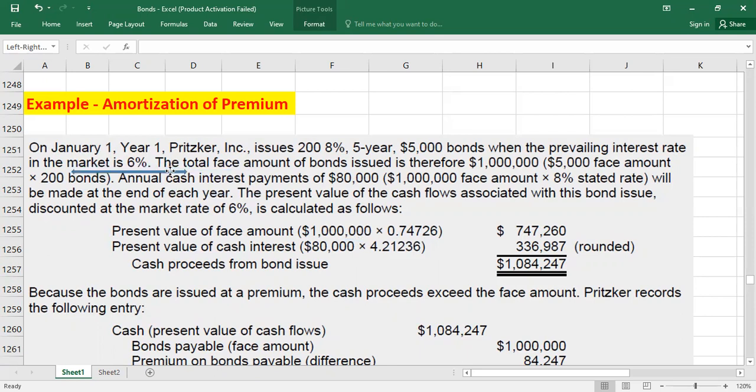Because I'm assuming you have an idea about the time value of money, you will go to the present value of dollar one table, look at the 6% column, and check for 5 years. This value you will find there, 0.74726.